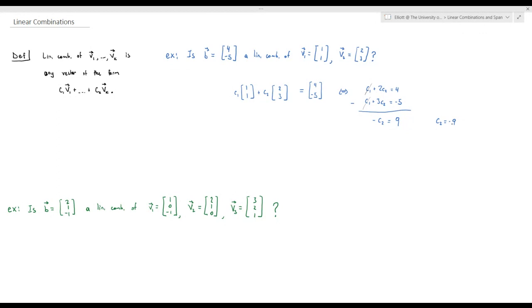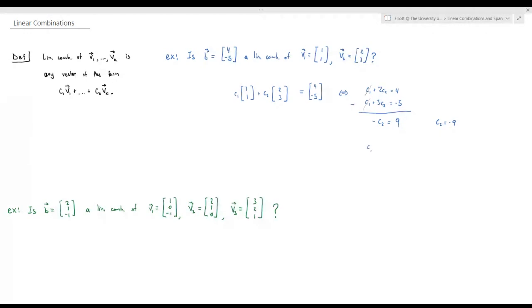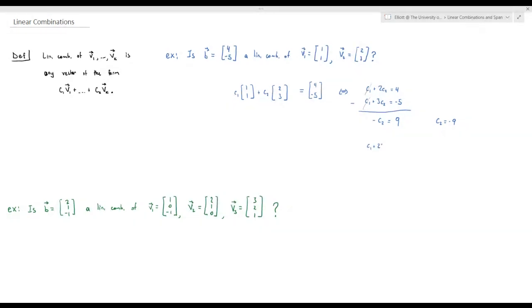Now that I've solved for c2, I can plug it back into either of these equations to solve for c1. If I take the first equation, c1 plus 2 times c2 must be equal to 4. Solving for c1, it looks like c1 is going to be 4 plus 18, so c1 will be 22.